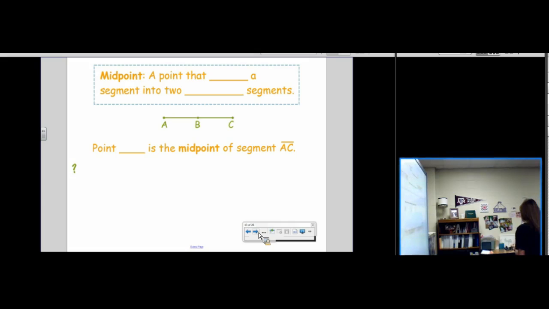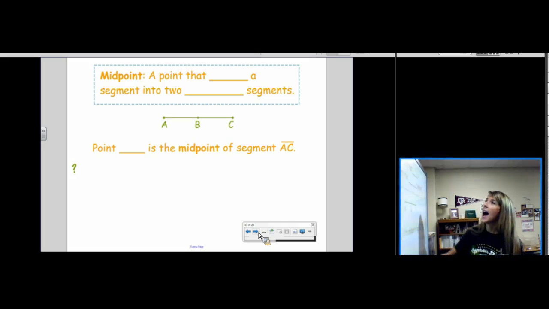Jonathan, any guesses as to what goes in either one of the blanks? You can pick either one. A point that does something to a segment and puts it into 2 blank segments. Splits. Splits is a good word. What's another word for splits? Divides. Very good.